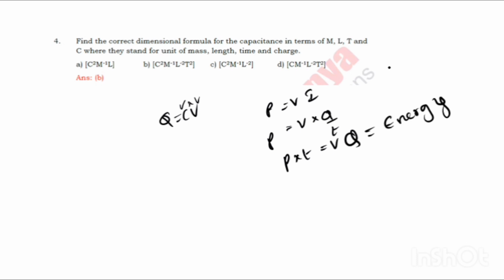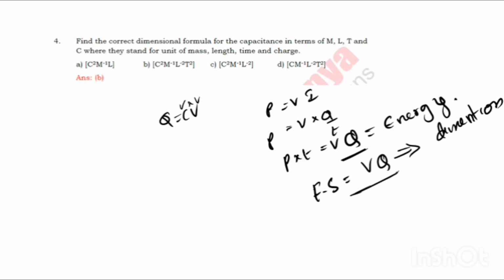If we make an analogy of this electrical energy with mechanical, that is F into S, energy or work done is equal to VQ. This is only for the dimensional formula, not for formula-based questions. For dimensional formula, work done is equal to VQ.